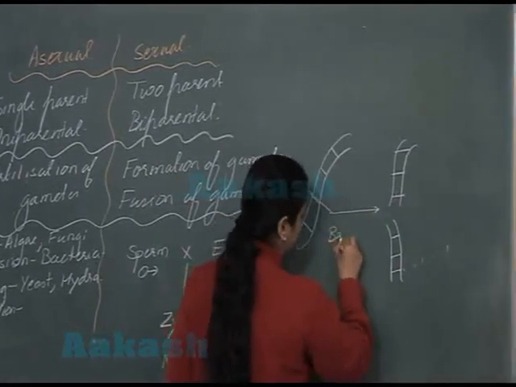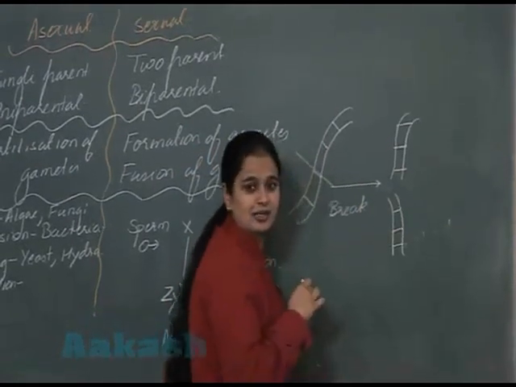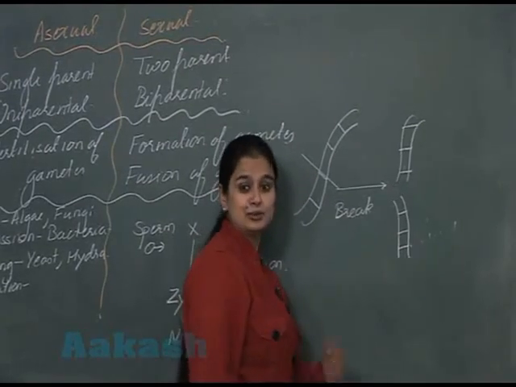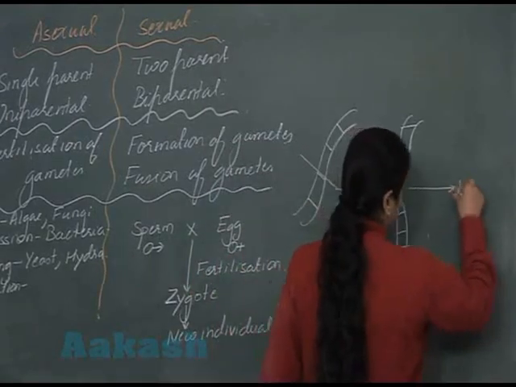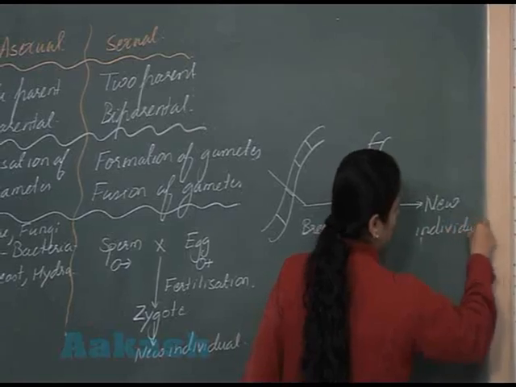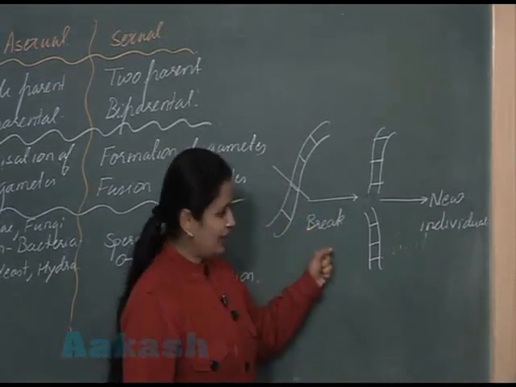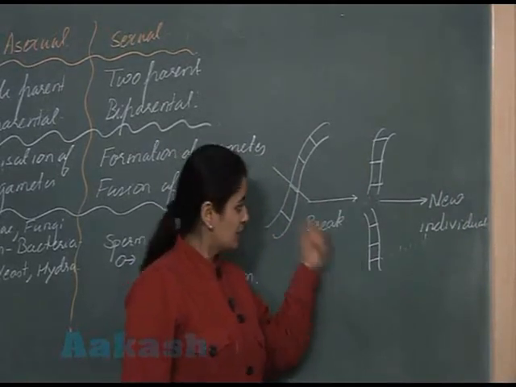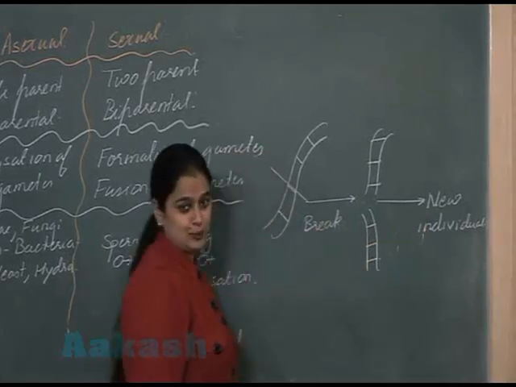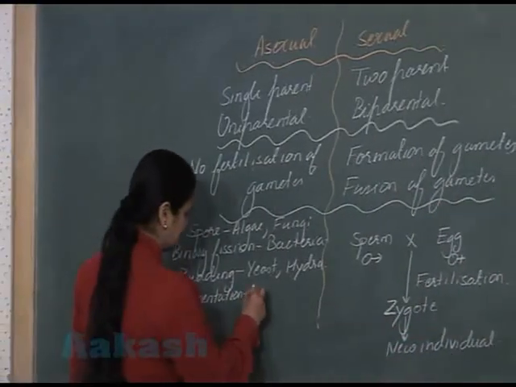It will undergo breakage, due to which there is formation of two fragments, and each fragment has the ability to form a new individual. Got this? The filament will break, and the fragments which are formed can grow; they have the capacity to form a new individual. Yes, so we can write examples. Which example have I cited here?